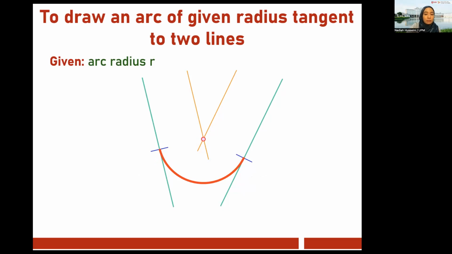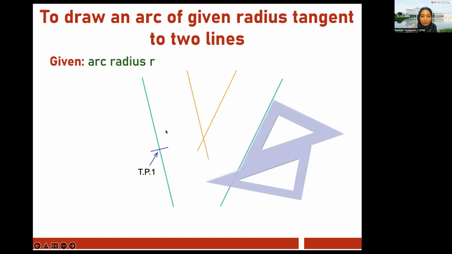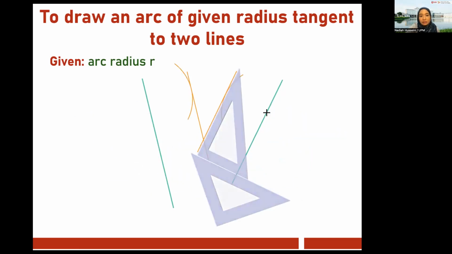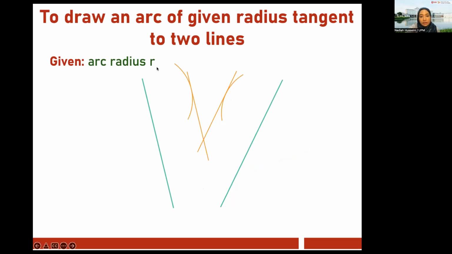So again, to recap this, first, it's a long story. First, we start with a certain radius, we make a parallel line. Start the radius using the compass. And then make a parallel line that goes through the arc.